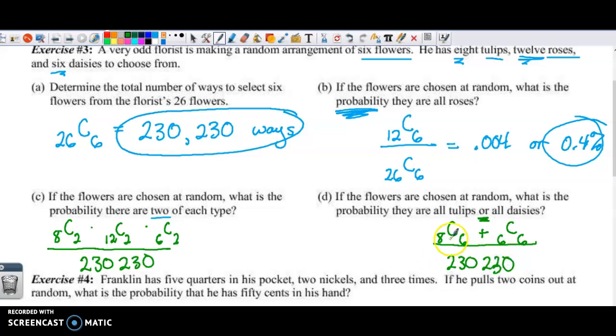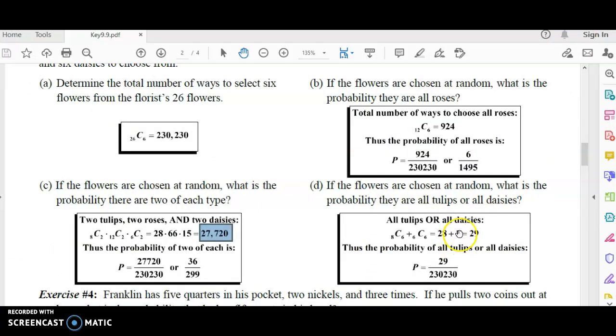So that's why the or turns into a plus sign. And if you already looked at the answer key, because I've pulled it up twice now, you can see this is what I was talking about. 6C6 is equal to 1. We've been practicing that enough that that should be obvious. I guess this does not reduce. Makes sense, 29 is a prime. Or you can change it to a decimal or change it to a percent.